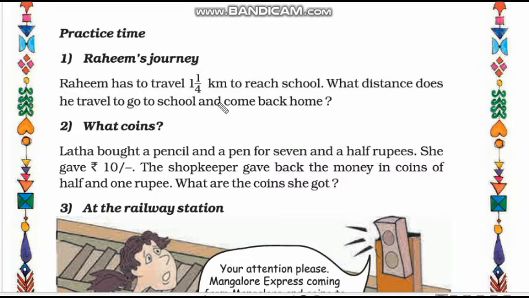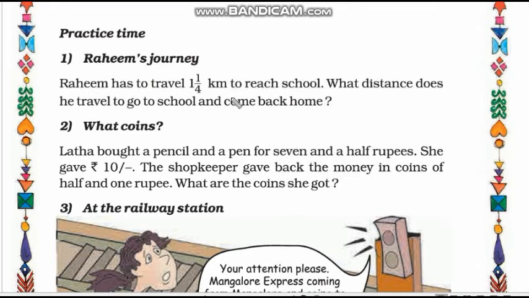We just have to multiply this 1 and 1/4 kilometer by 2, because 1 and 1/4 kilometer to go to school and 1 and 1/4 kilometer to come back home. So 1 and 1/4 into 2, or you can also add 1 and 1/4 kilometer plus 1 and 1/4 kilometer.